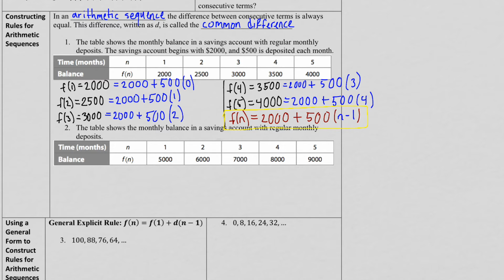We're basically developing a rule that matches this function right here, this table. This rule matches that table right there, because now I can figure out any term in my table by simply plugging in the position number. So if I want to find the 20th term, I would plug in 20 right here, and so on.